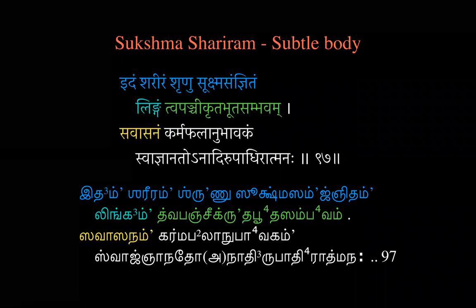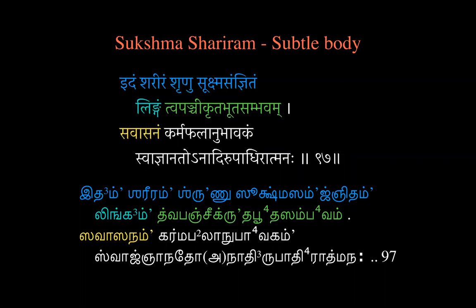It is sa-vasanam. This subtle body has vasanas in it. What is vasana? Vasana is the memory of past actions. Those past actions can be from this janma, or they can also be from our previous janmas.